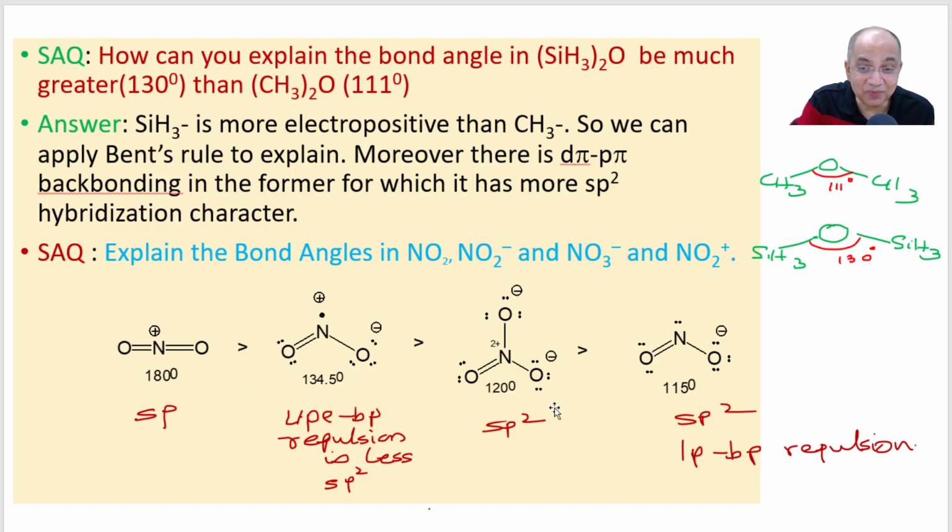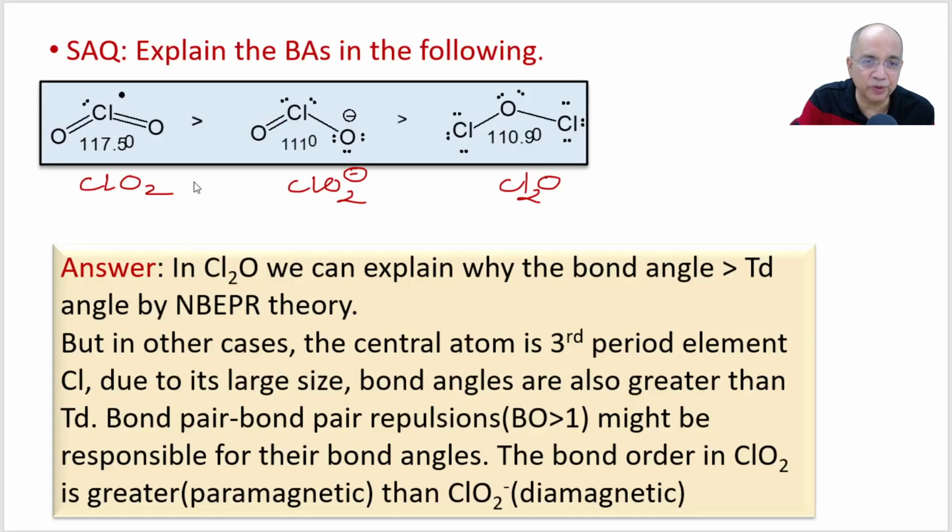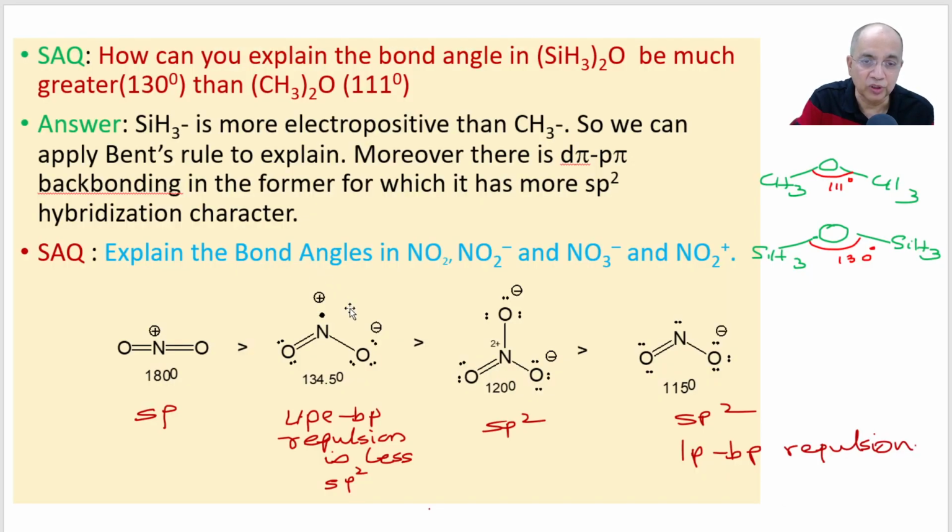And last but not the least, to compare, it has nothing to do with Bent's rule. I've just given it for the sake of our brush up. NO2 plus, NO2, simply NO2, which is a paramagnetic molecule about which we are talking. We are talking about ClO2. This is NO2, again paramagnetic.